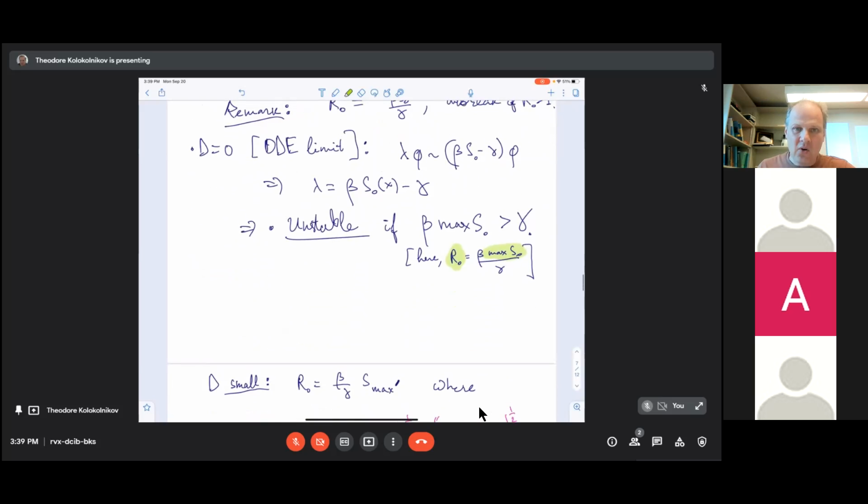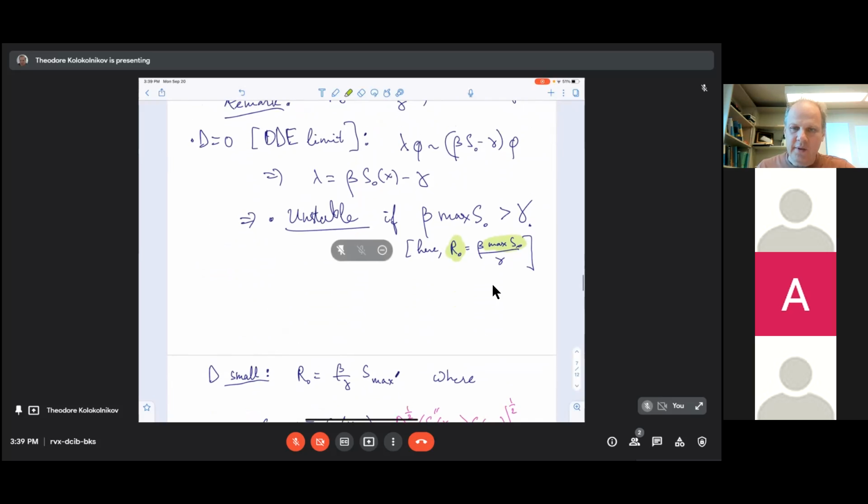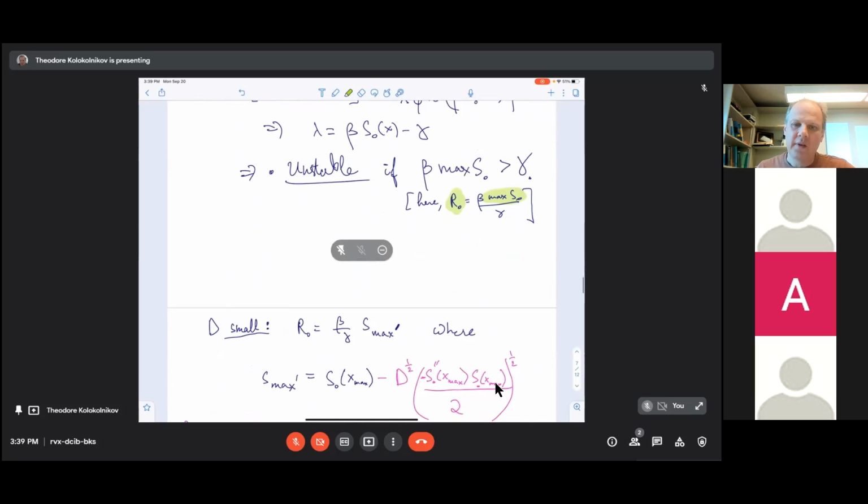Okay, and now let's see what happens when d is small. When d is small, then to leading order, the threshold is the same as when d is equal to 0, but then there's a correction term that comes from d, and this can be computed using Hermite polynomials.